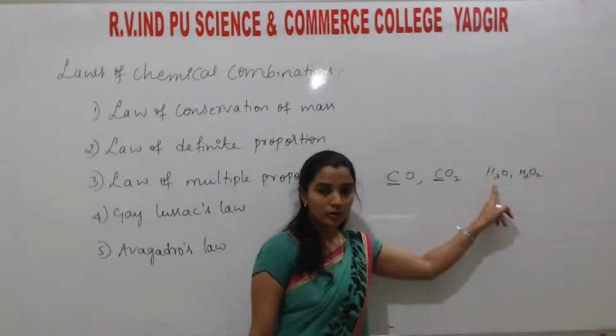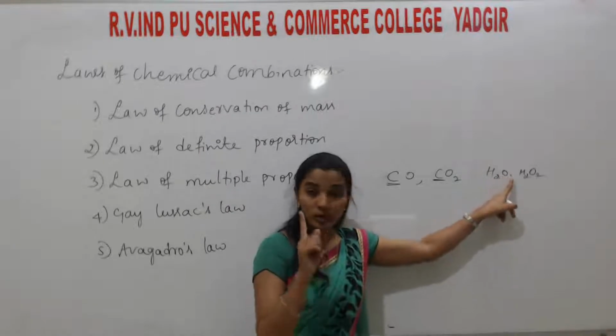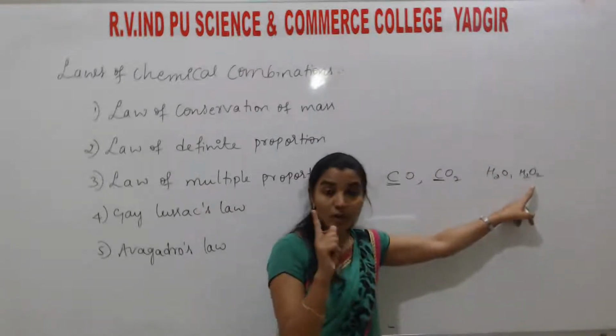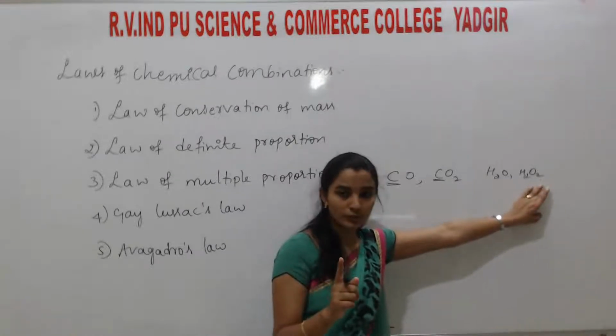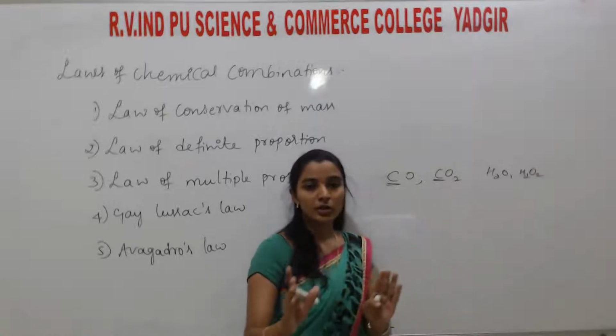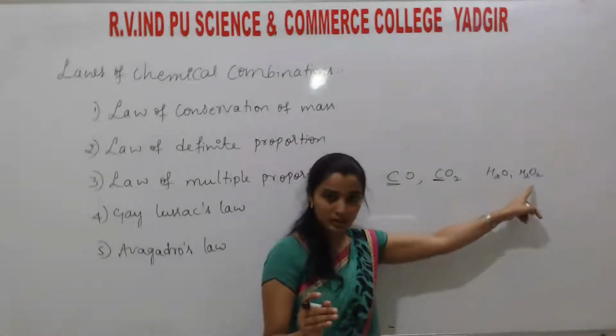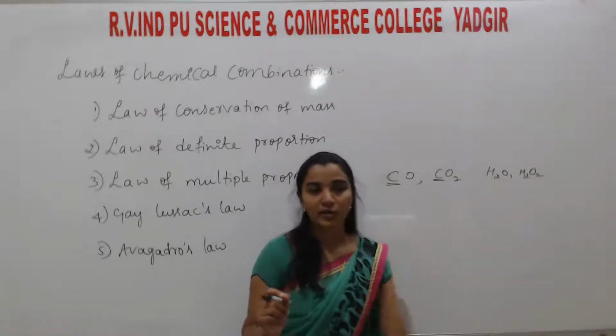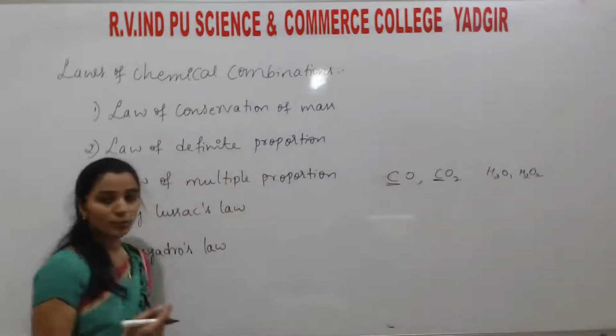Here hydrogen H2 combines with one atom of oxygen, here H2 combines with one molecule of oxygen, O2, giving H2O2. Understood? The elements are the same, both hydrogen and oxygen, but the hydrogen composition is the same. One is kept constant, another one will vary. That is called law of multiple proportion.